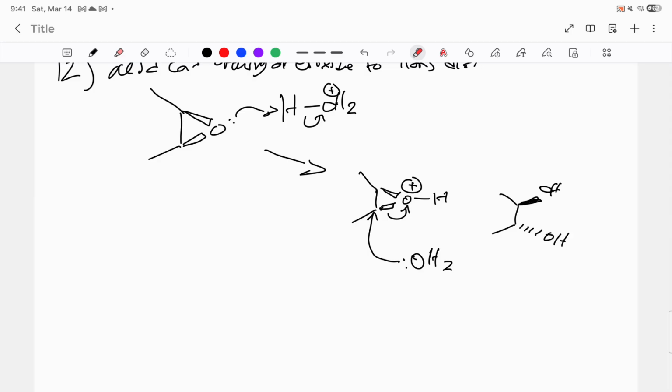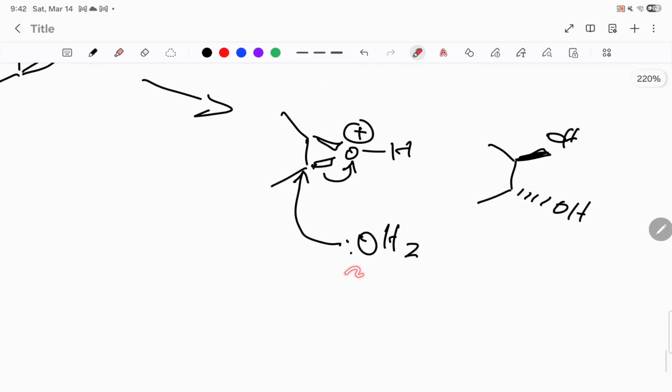But now I hope you can see why we get this transdiol or antidiol formation. These two are on the opposite sides of one another. They're anti to one another, and this is actually what we would call an anti or trans vicinal diol. Vicinal, again, meaning they are adjacent carbons. And of course I didn't show the deprotonation step.